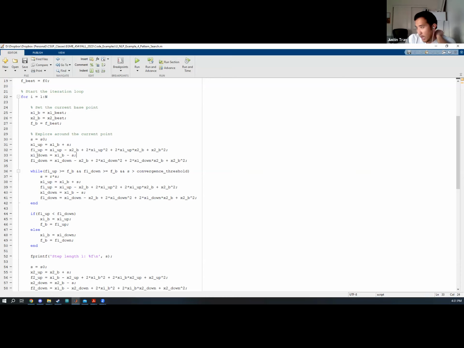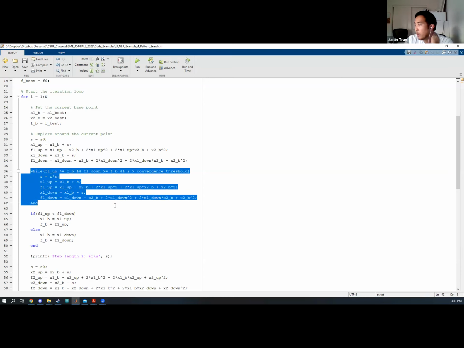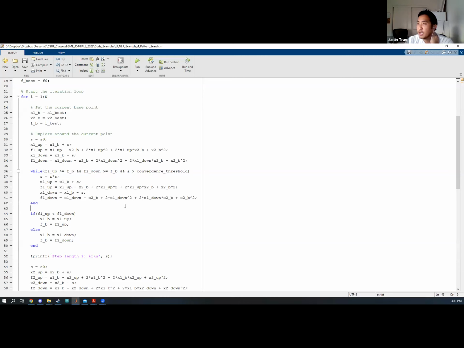Okay. And then this while loop is going to continuously check to see if we see any improvement. If you look at the conditional for this while loop, you can see we have 3 conditions. If f1 up is greater than f1b, where FB is the current best value, or the objective value at our current point, and we're doing the same thing for f1 down. As long as these two things are true, what they're checking is that our steps don't lead to any improvement in the objective function.